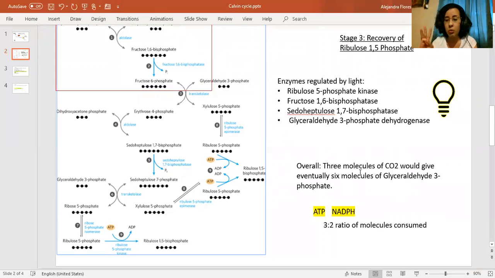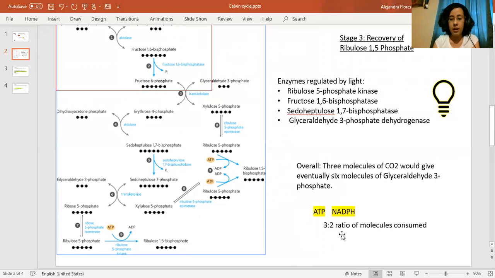So overall, to yield at least one glyceraldehyde 3-phosphate to be either starch or sucrose, 3 molecules of CO2 have to be fixed. And also, how this Kelvin cycle works is using a 3:2 ratio of molecules consumed. By molecules consumed, I'm referring to ATP and NADPH.